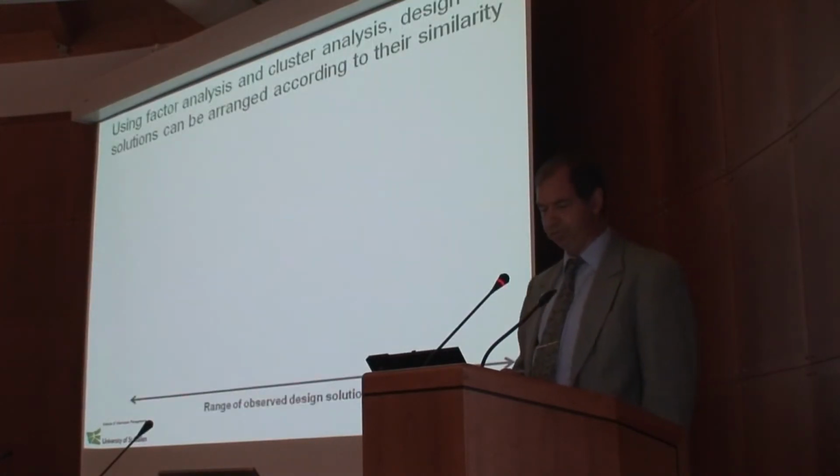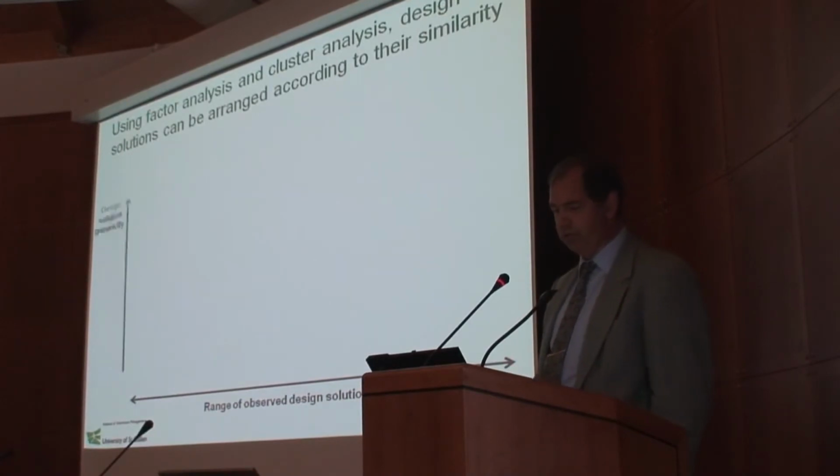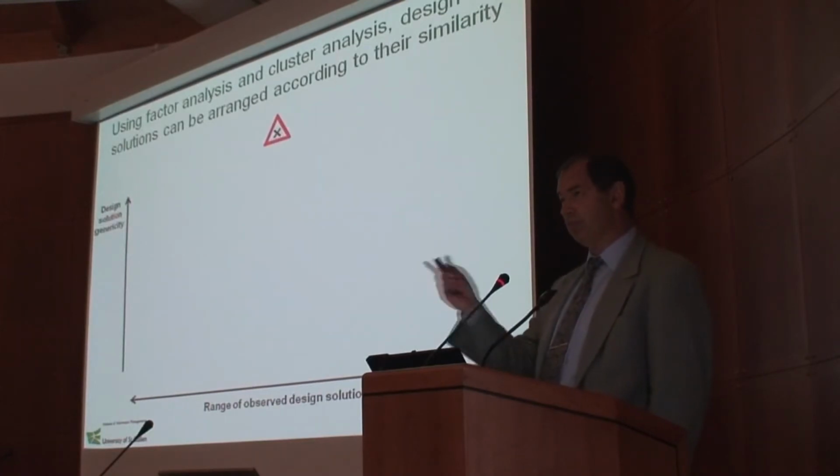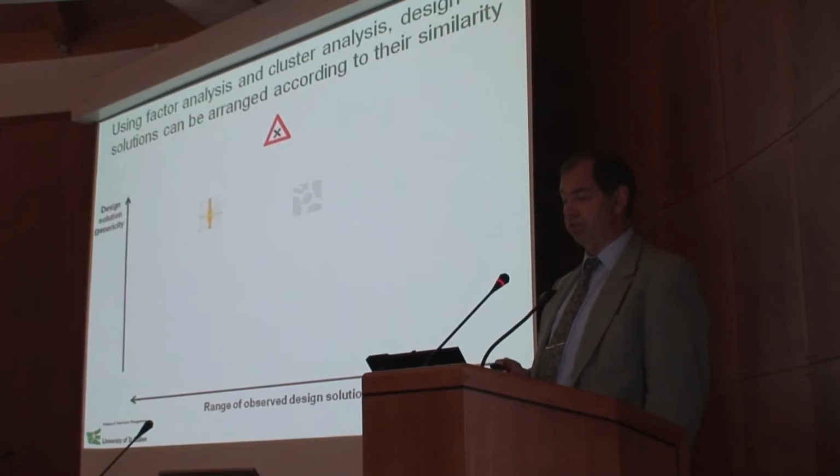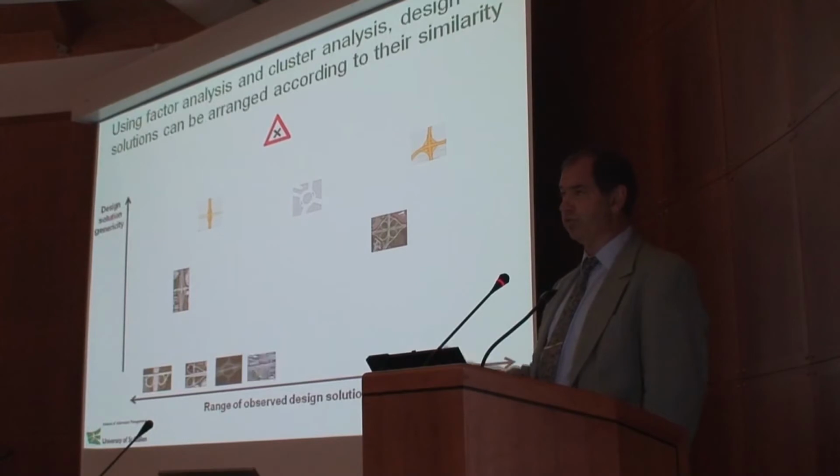How do we do it? We try to understand what we see in the real world. We see many, many different solutions, and we try to generalize. So at the end, all the intersections are intersections. Then we have different patterns, different sub-patterns, and all the different instantiations.